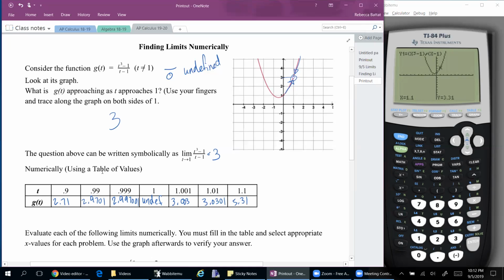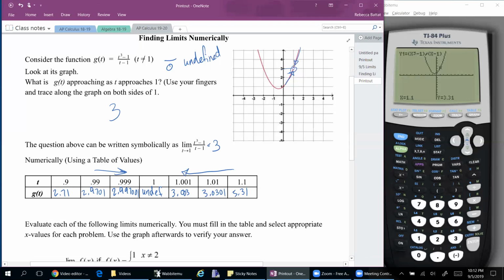So as we get closer and closer to 1 from this side, it looks like 2.7, 2.9, 2.99. We're getting very close to the number 3. If we're coming from this side, we're also getting closer and closer to 3. So we can see our limit is 3.